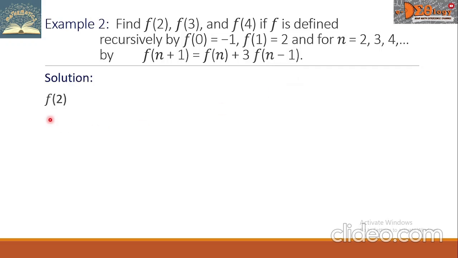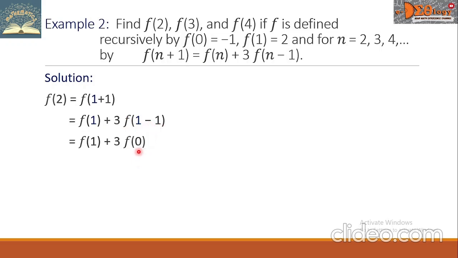Let's begin with f of 2. Considering our f of n plus 1 here, we can rewrite f of 2 as f of 1 plus 1. We can see that the value of n here is 1. Considering the right-hand side value of this function, we write in here f of 1 plus 3 times f of 1 minus 1. This 1 minus 1 is simply 0.